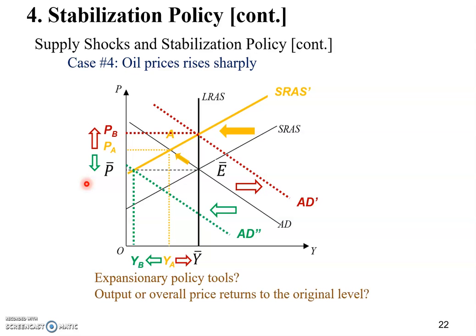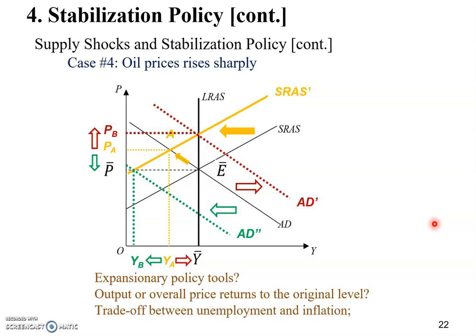That means here we actually have two choices. Do we care more about the output than the overall price level, or vice versa, do we put the price before output? Again, for a supply shock, there's no way for us to put both the output and the price level back to where they were.